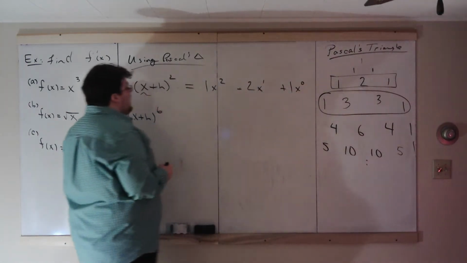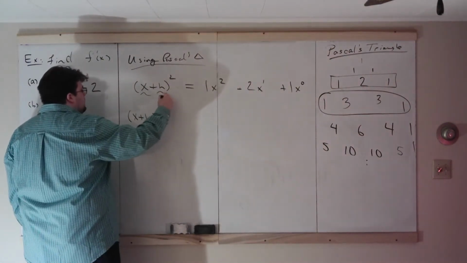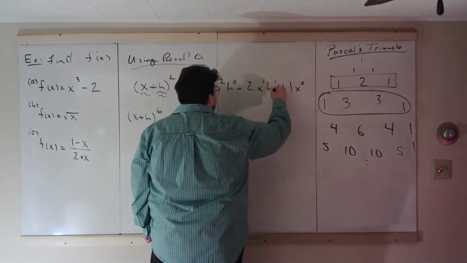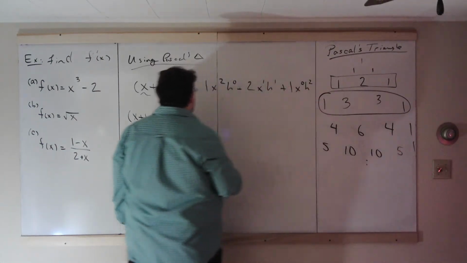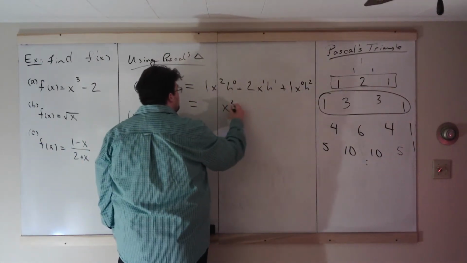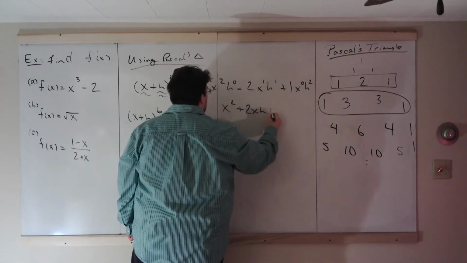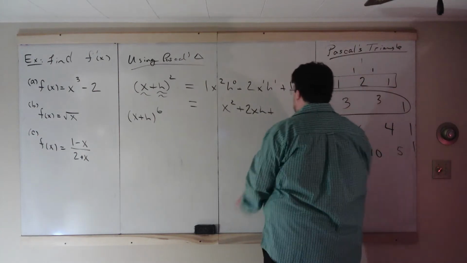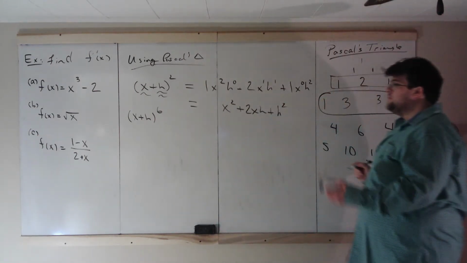Our other term is h. We throw 0 of them on the first thing, 1 on the second, 2 on the third. We simplify, and we get our square formula.